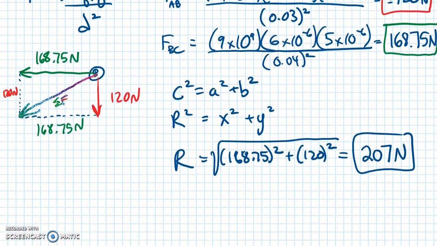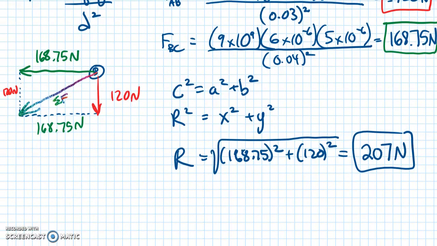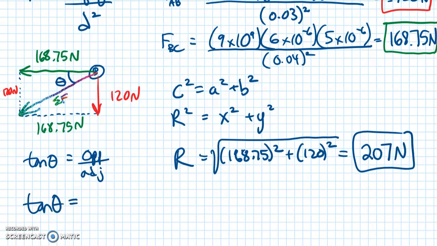Now, to find the direction, what we're really talking about is an angle. I like to measure the angle from the nearest x-axis. So what I'm going to be finding out is how many degrees below x this is. So x points that way. This is going to be how many degrees below x. And we know two sides of this triangle. We know the opposite side and we know the adjacent side. And so we can use tangent because the definition of tangent is opposite side over adjacent side. So the tangent of this angle that I drew in this picture, well, you can see I drew it coming from the x-axis.